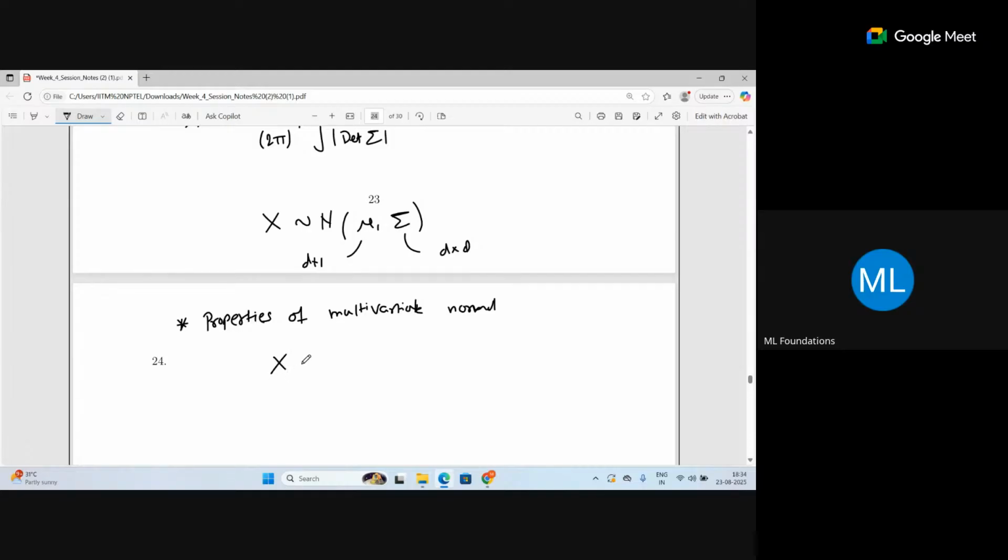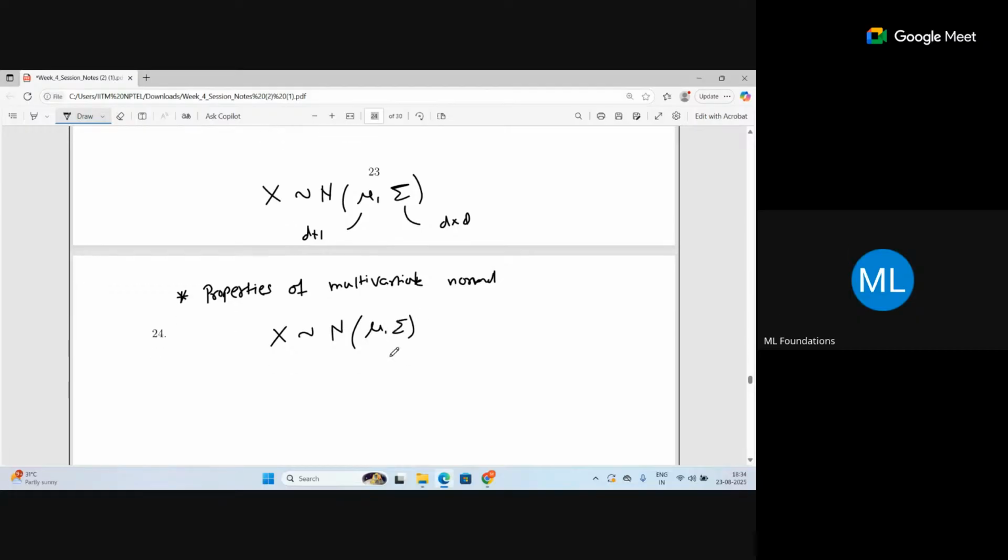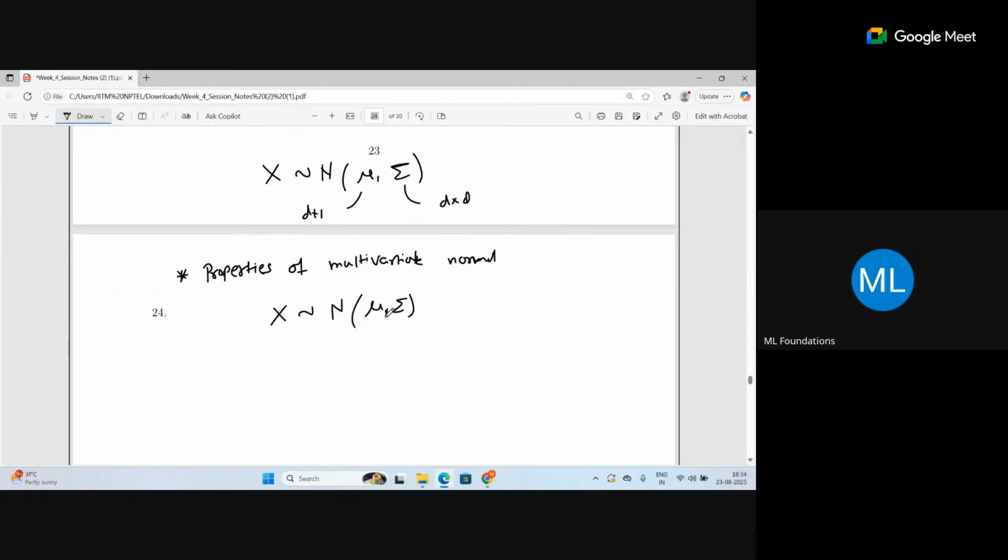So suppose x is normally distributed with mu and sigma. When I say x is normally distributed with mu and sigma, x is actually a combination of all the linear transforms of the normal variates.